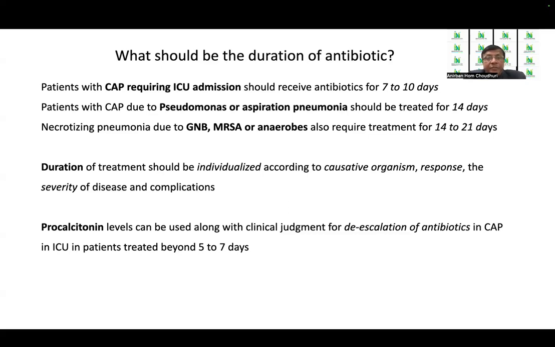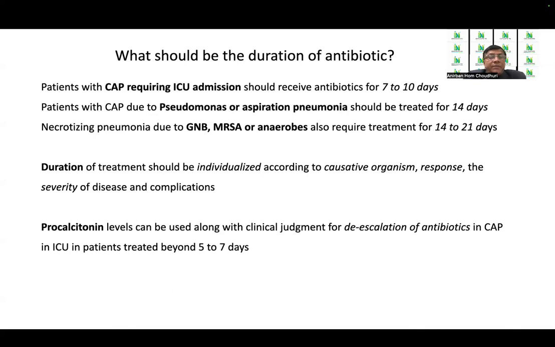and stopped. So patients with CAP requiring ICU admission should receive antibiotics for 7 to 10 days. This is chosen based on the observation that less than 7 days or more than 10 days is not going to make much of a difference. Between 7 and 10 days, if the antibiotic is appropriate, it usually gives the necessary benefit.